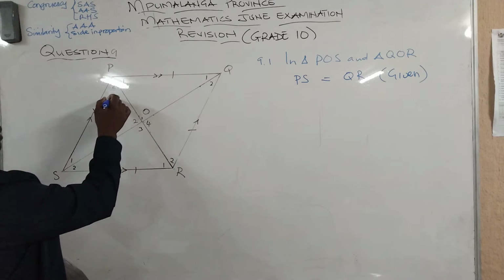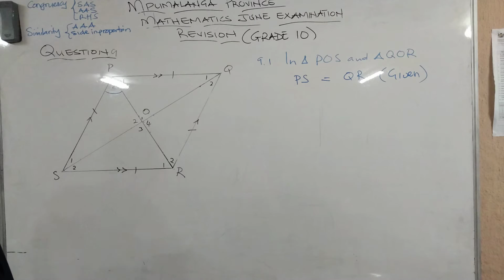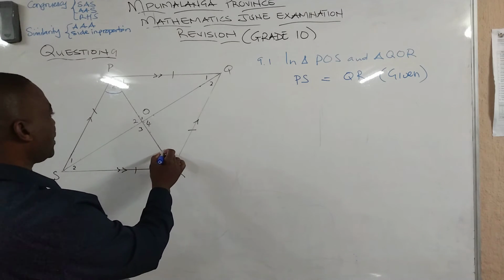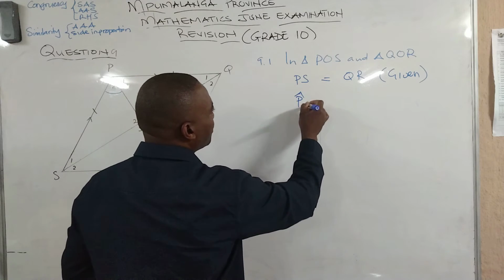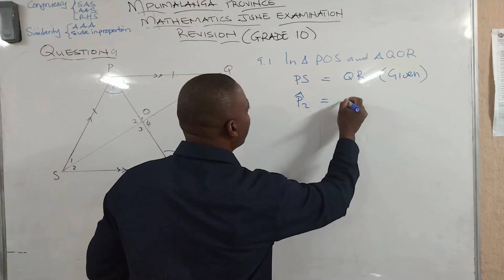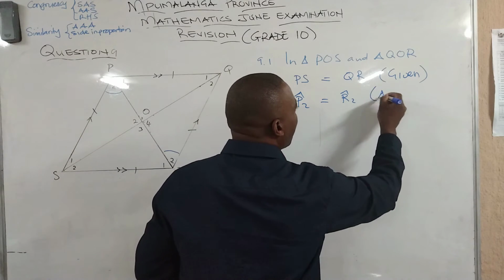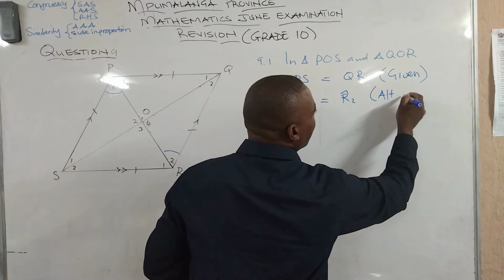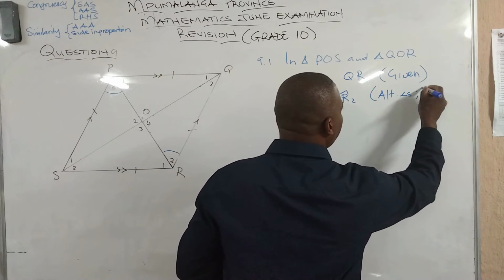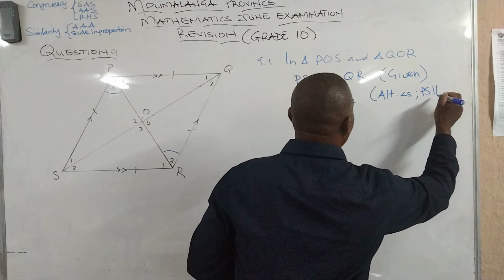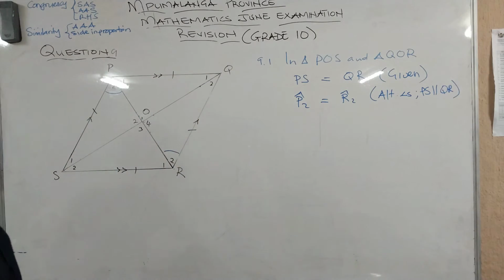That means we can say angle P2 is alternate with angle R2. So angle P2 is equal to angle R2. These are alternate angles. And we state the parallel lines. PS is parallel to QR. Alright?